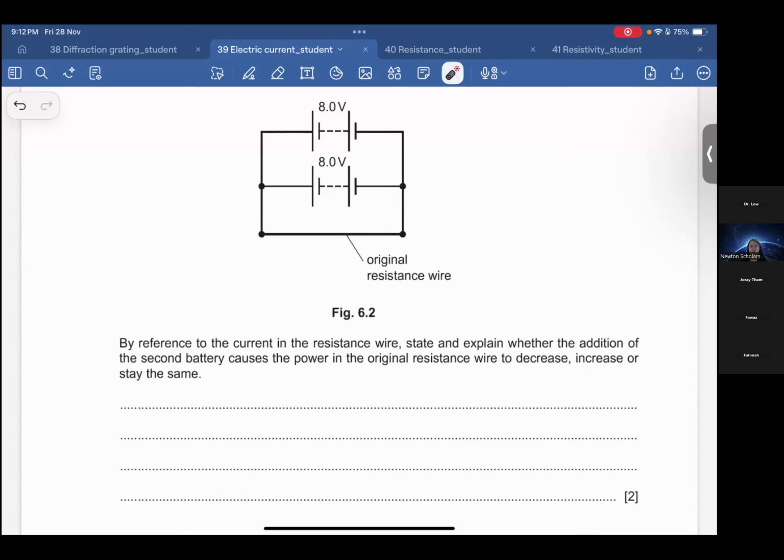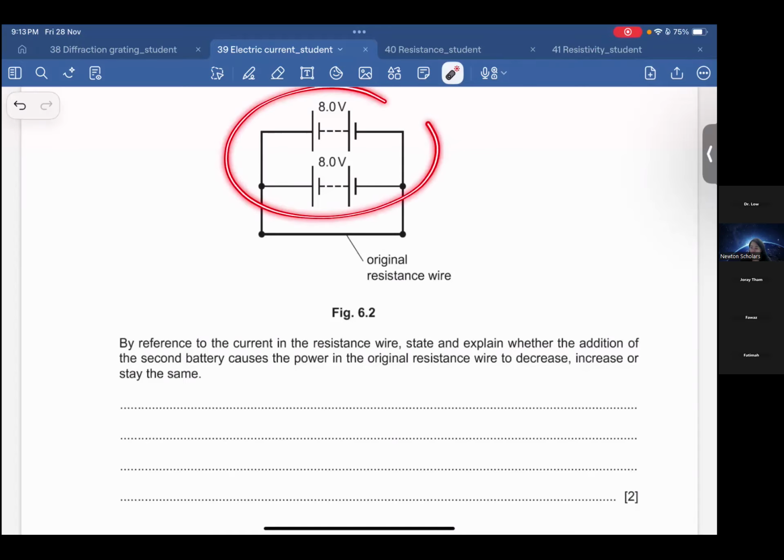Increase, decrease? And what happened to the current? Prasan correct. Fatima, no. Okay, let me have a look one more. Wesley, no. Prasan, correct.